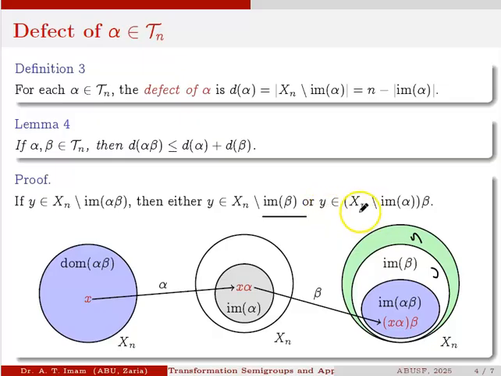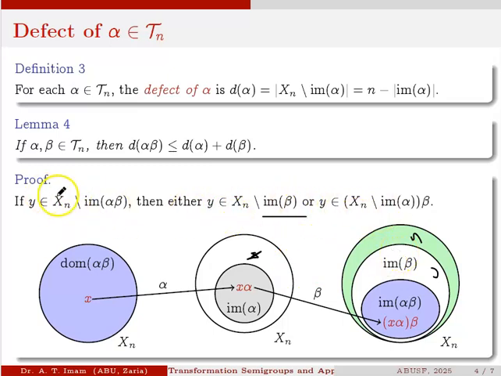It will be an element of the image under beta, but of a point coming from outside of the image of alpha. So it has to be an image under beta, but of some point outside the image of alpha, and that is why you have these two cases.